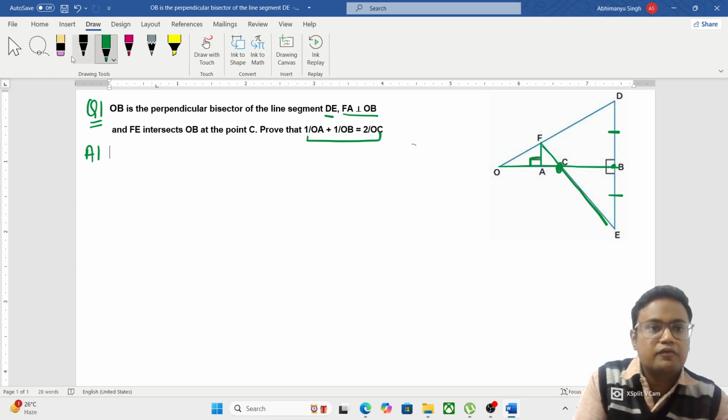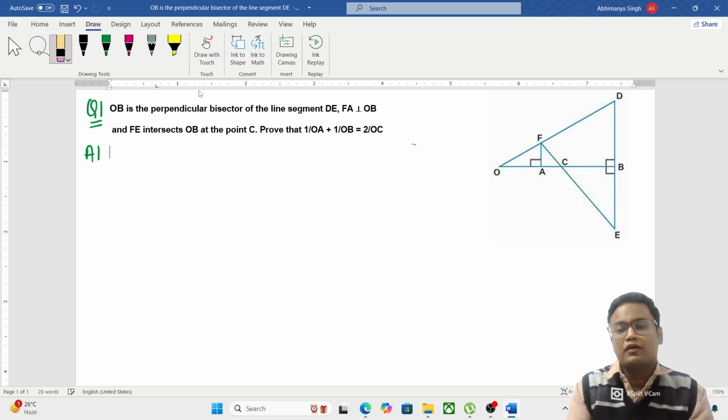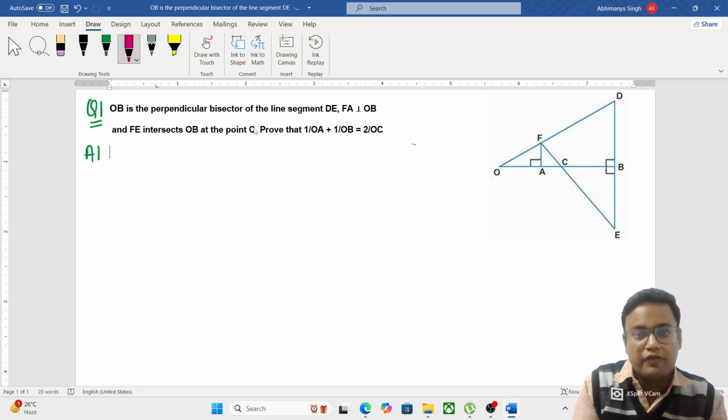Now, the most important feature of taking this question up is to make you aware of how we can prove these, how we can solve these questions, where we have to get an expression which is required from us.